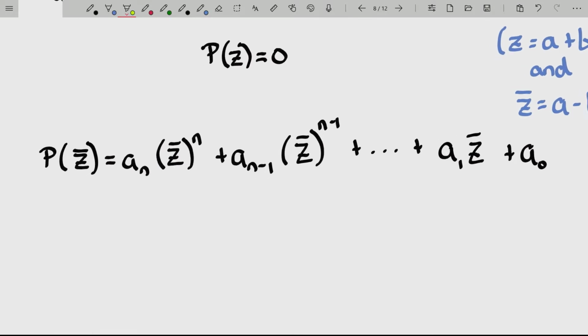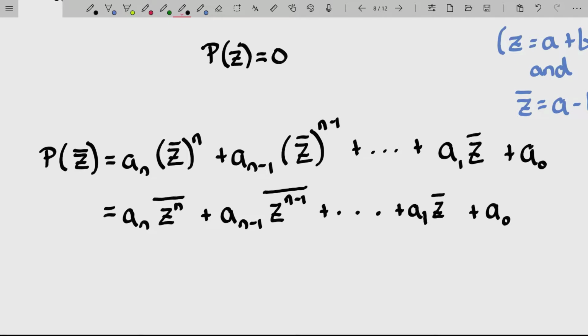So let's go back and do something magical here. Once we know that the conjugate of a product is the product of conjugates, which basically tells us if I multiply z bar by itself n times, I could have just multiplied z by itself n times and then taken the conjugate. And the same thing with the second term. Instead of taking z bar and multiplying it by itself n minus 1 times, I could have taken z and multiplied it by itself n minus 1 times and then taken the conjugate.